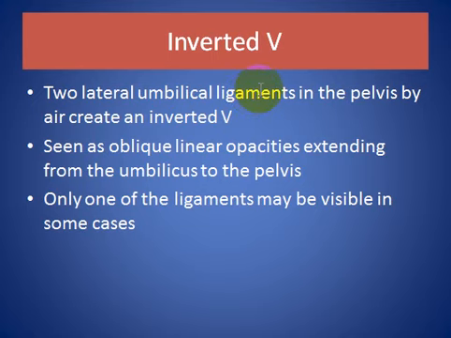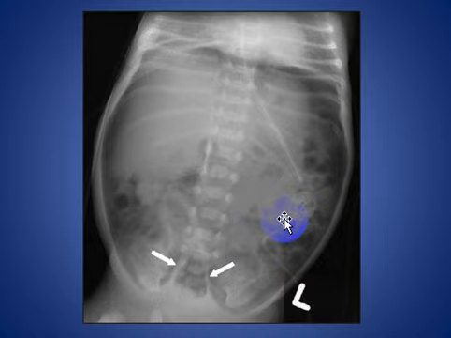Inverted V sign: the two lateral umbilical ligaments in the pelvis are outlined by air and create an inverted V. It is seen as oblique linear opacities extending from the umbilicus to the pelvis, and sometimes we see only one ligament. As we see here, a large amount of pneumoperitoneum and the inverted V sign.